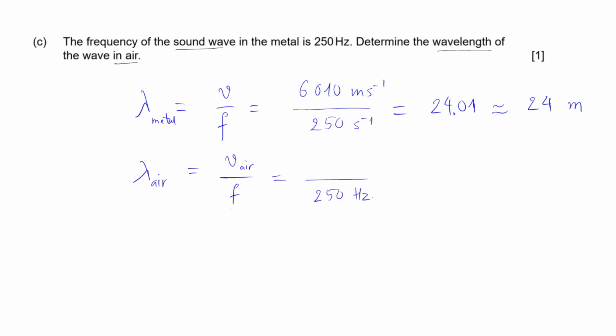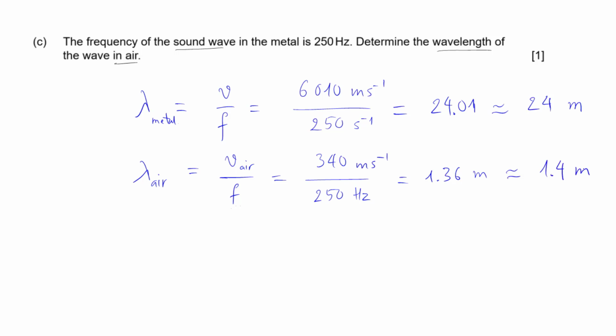Doesn't matter if it is a sound wave or light wave, the frequency doesn't change. The only thing that is different is the speed. Now, the speed in the air is 340 meters per second, and this ratio is 1.36 meters, and round it up to 1.4 meters to get two significant figures.